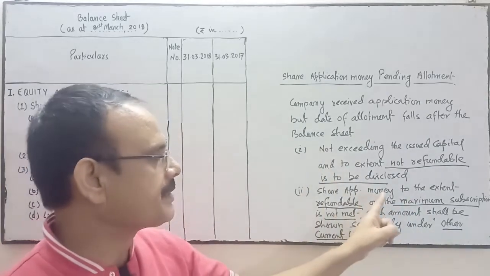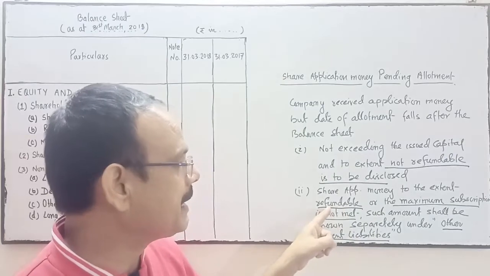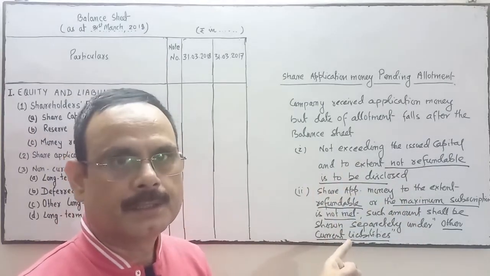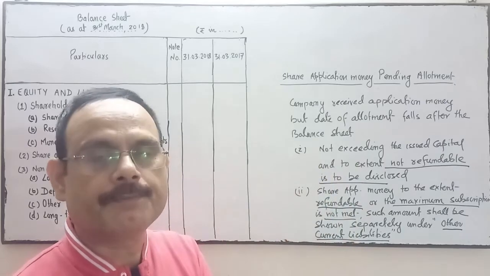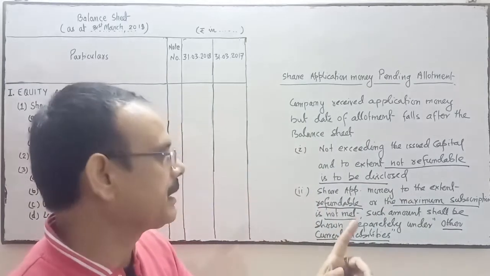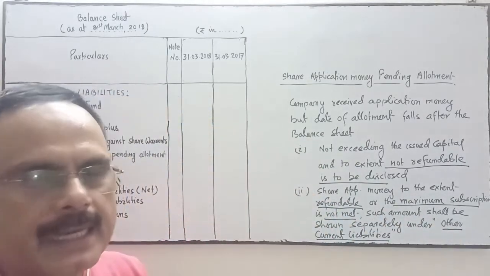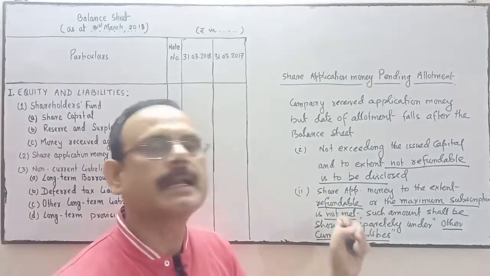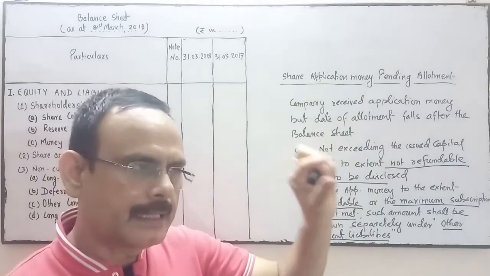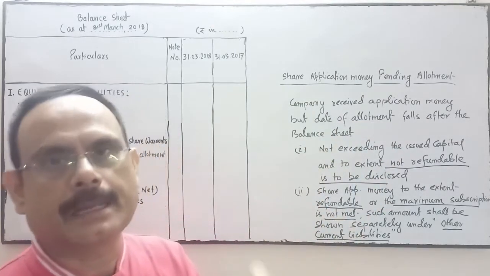If the share application money is refundable, or the maximum subscription is not received by the company from the applicants, then the application money will be refunded. In these circumstances, such amount shall be shown separately under the heading current liability, subheading number 4, other current liability.